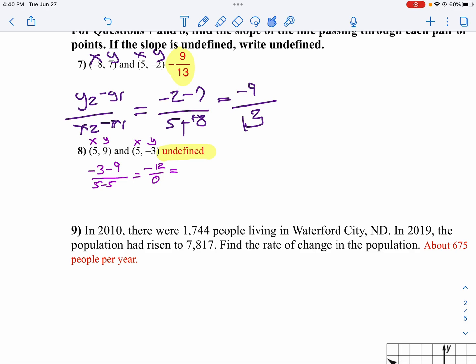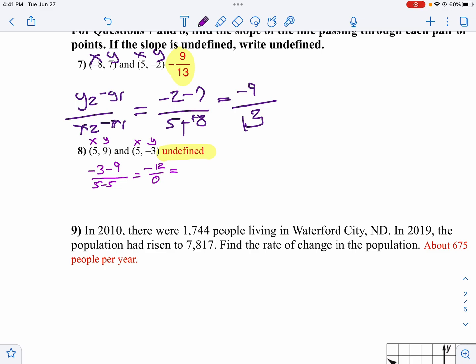Okay, and number 9. It says in 2010, there were 1,744 people in Watford City, North Dakota. In 2019, there were 7,817. It grew by quite a bit, because of the oil boom. I want to find the rate of change.